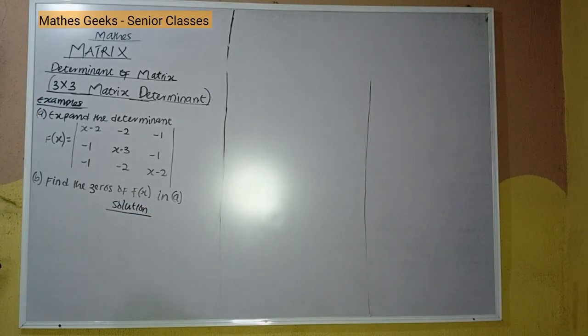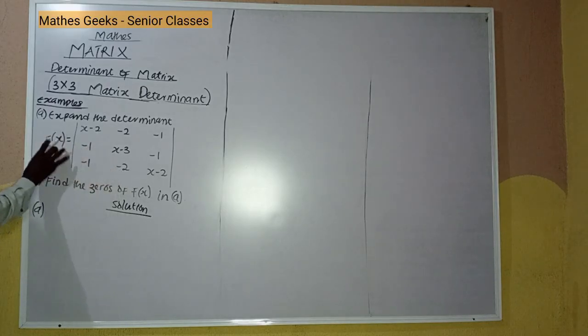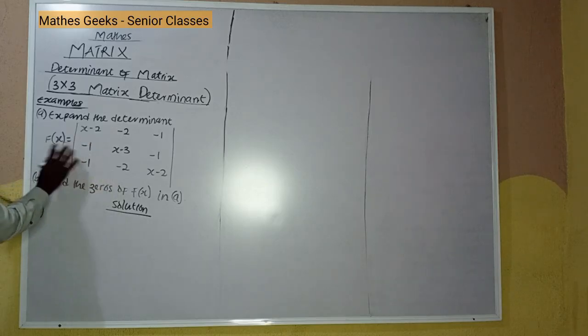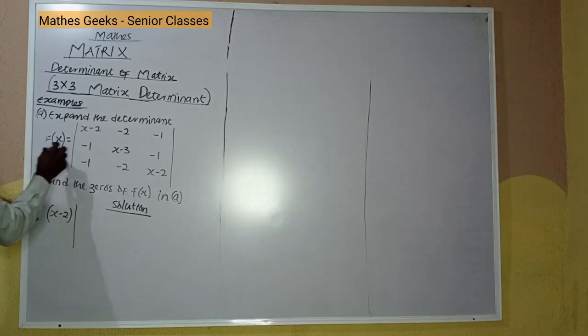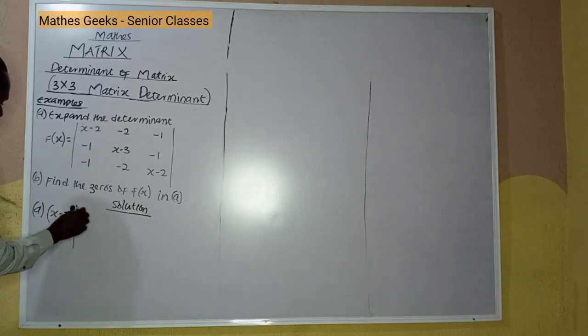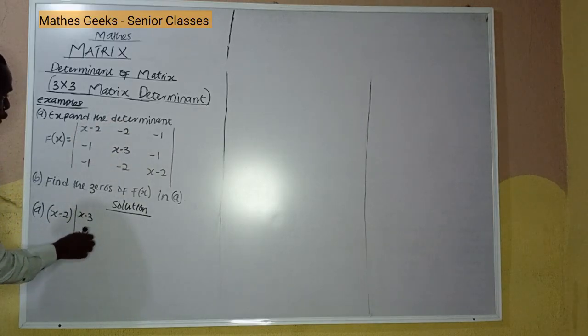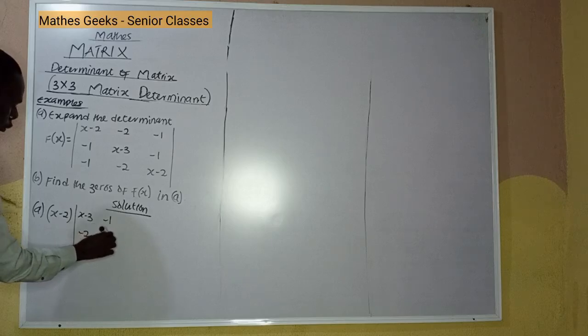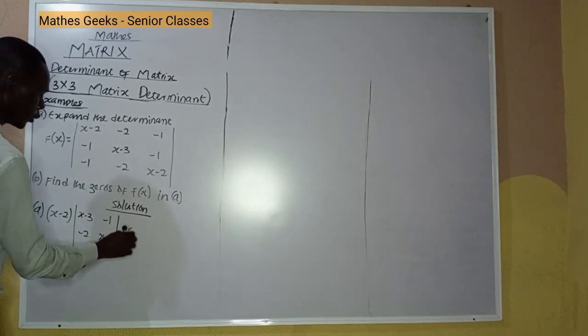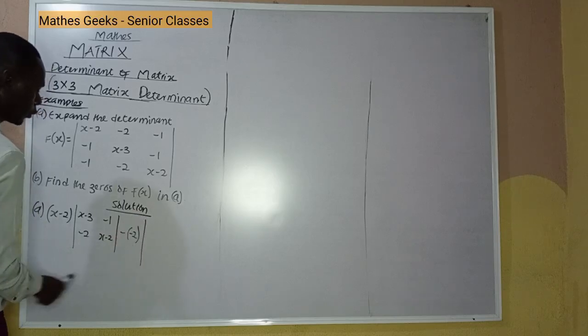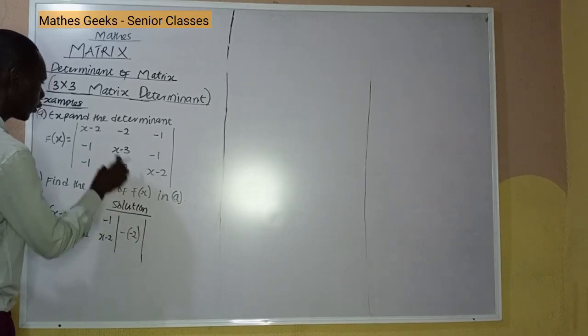So expand the determinant. Part A says we should expand its determinant to give us a polynomial as f(x). First row, first column: x minus 3, minus 2, minus 1, x minus 2. Minus 2.